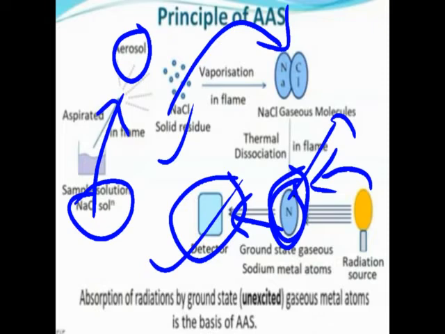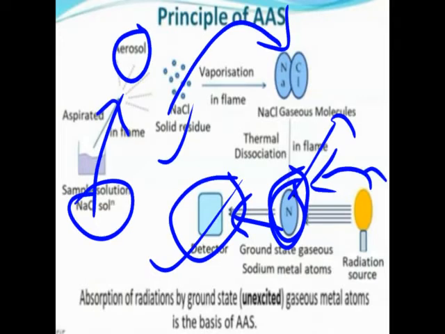So if we have to find out sodium and also cadmium, at that time we cannot use flame photometry, because in that case you have to separate the sodium and the cadmium. But in atomic absorption spectroscopy, without separating sodium and cadmium, if they are present in the same sample, we can still analyze sodium separately and cadmium separately.